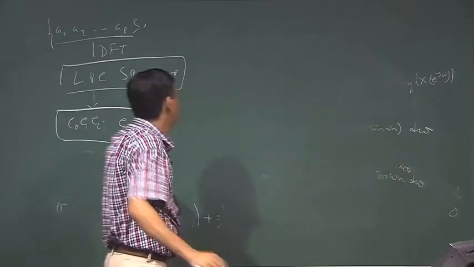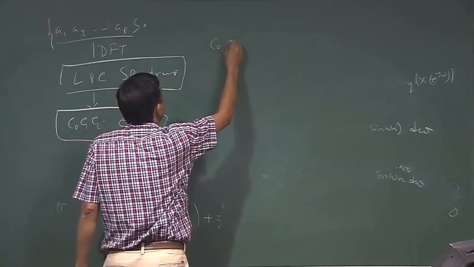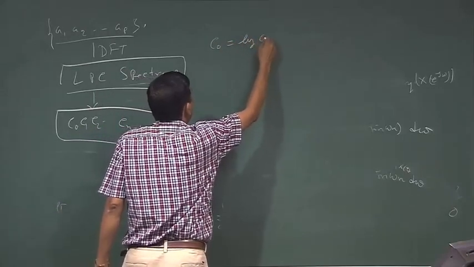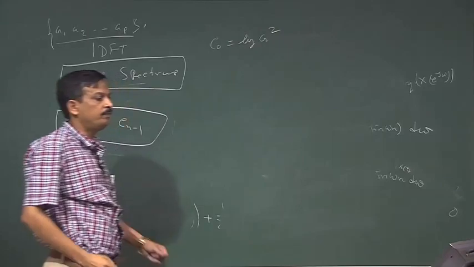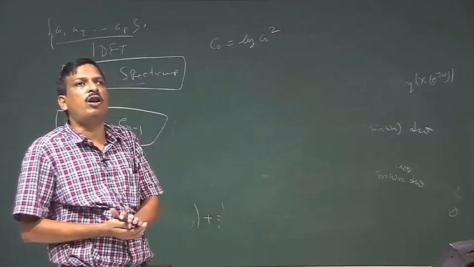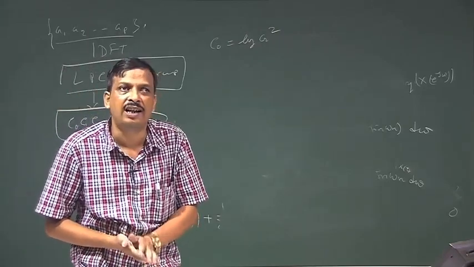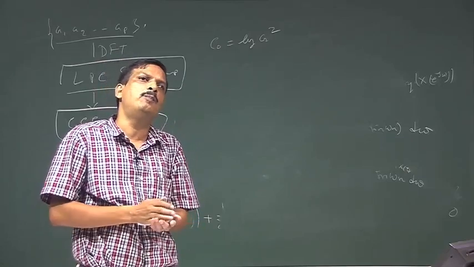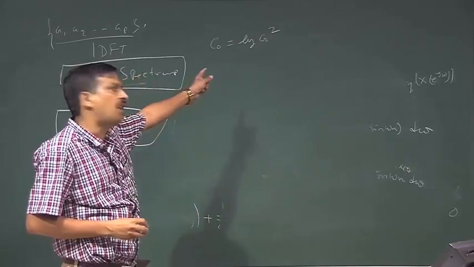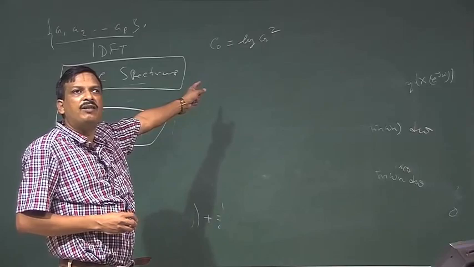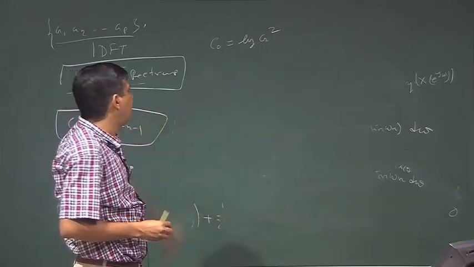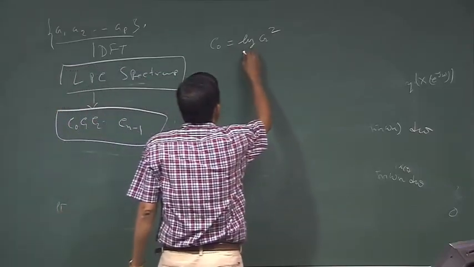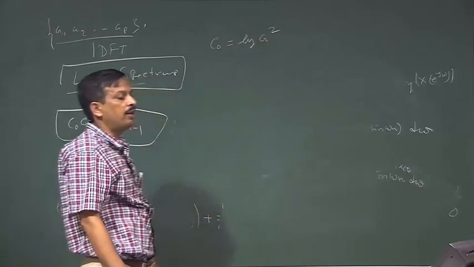We said that C0 is nothing but log of G square. What is G? G is called the gain, the model gain, the LPC gain. During the LPC analysis, I have already discussed how to calculate G for a given signal. So if I know G, C0 is nothing but log of G square.